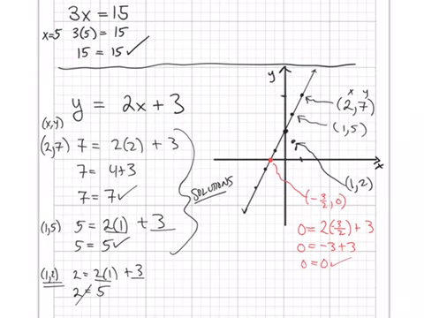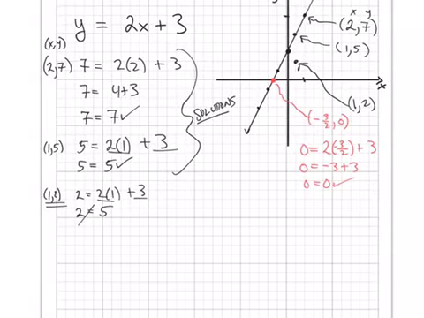And so the thesis here is that there are infinitely many solutions to this equation, okay? All of them are pairs of numbers that match together, an input-output pair, okay? And all of them match to points that are on the line. So the line is a picture of all of the infinitely many solutions. Every single point on this line represents a new solution that you could put to the equation y equals 2x plus 3. And any point that's not on the line does not solve that line's equation.